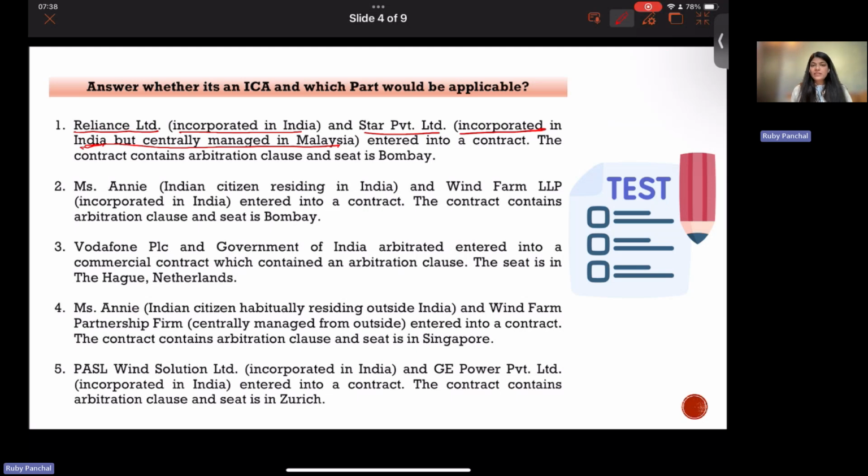So these two companies entered into a contract, and the contract contains an arbitration clause, and the seat is in Bombay. So first things first, we have to figure out whether part one applies. And second thing that we'll do in this exercise is figure out if this is a case of international commercial arbitration, which is section 21F.